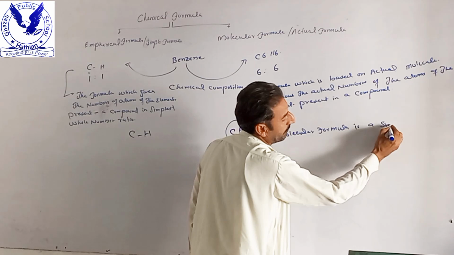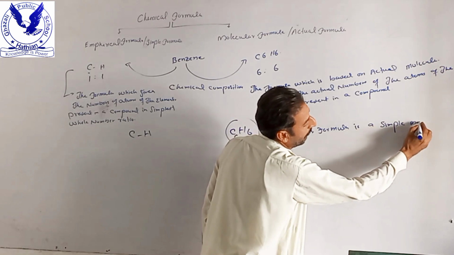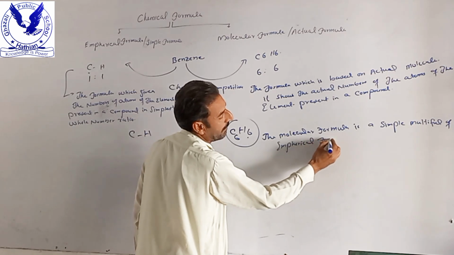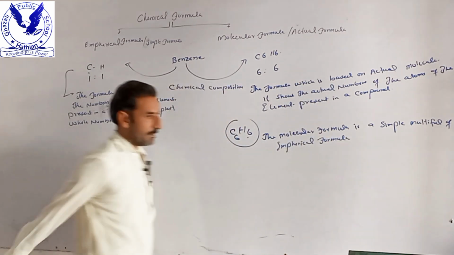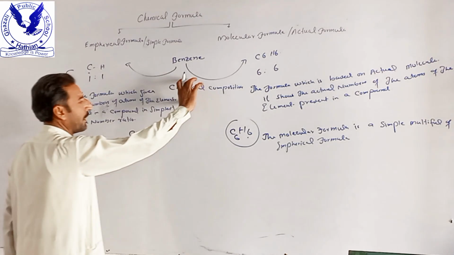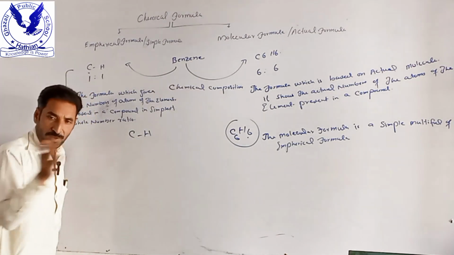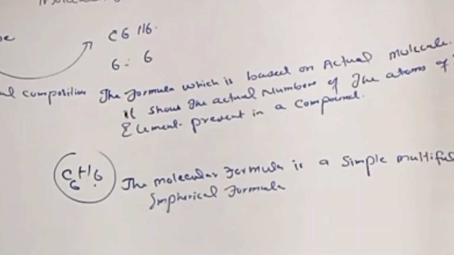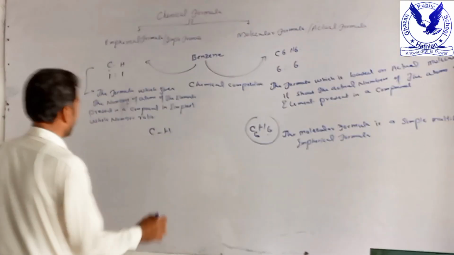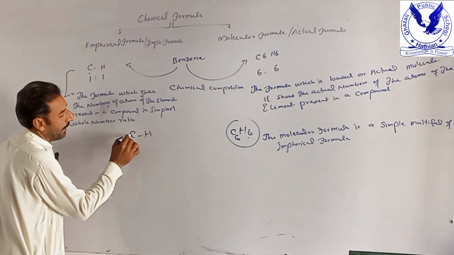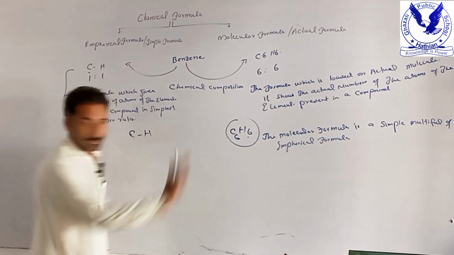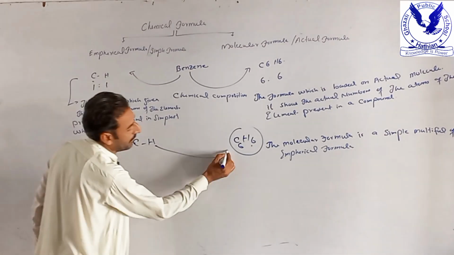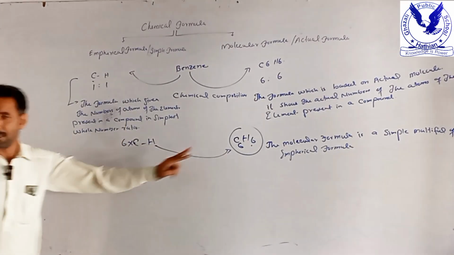So we say that this molecular formula is a simple multiple of the empirical formula. If we multiply the simple formula of a compound by a number, we get the molecular formula of that compound. If we multiply this formula by 6, we can get this formula, C6H6.